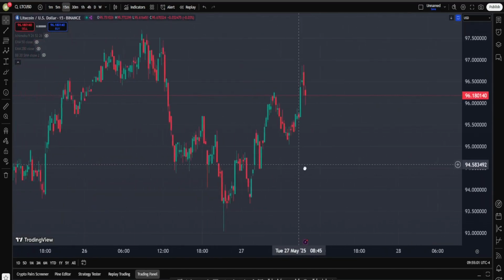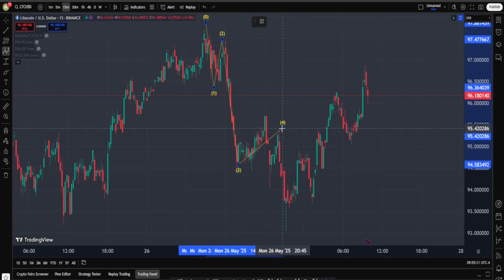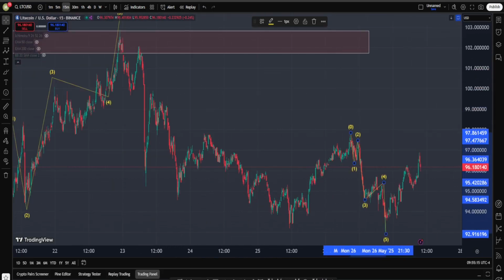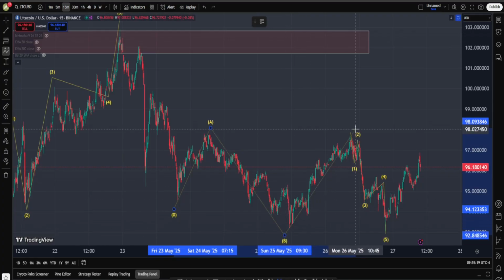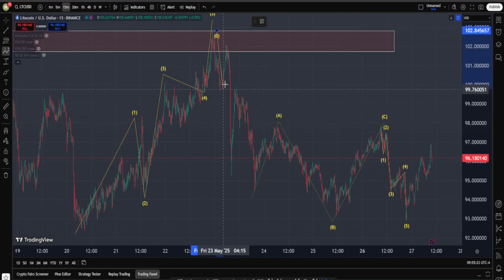So I believe there is a very good probability that this is a 1 2 3, probably a running flat for 4, another move down into wave 5. This is, I think, starting from here, an A B C running flat, and we talked about this, I believe, also in the previous update.